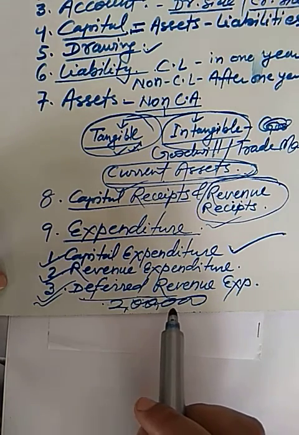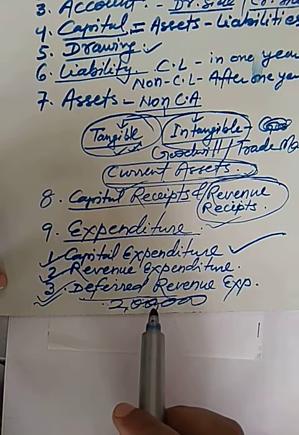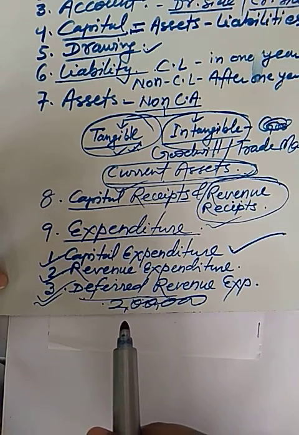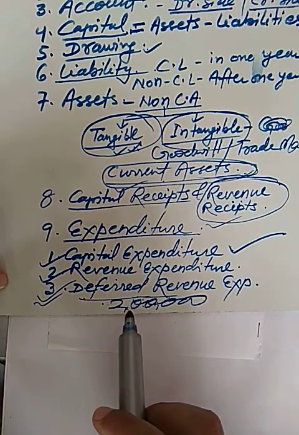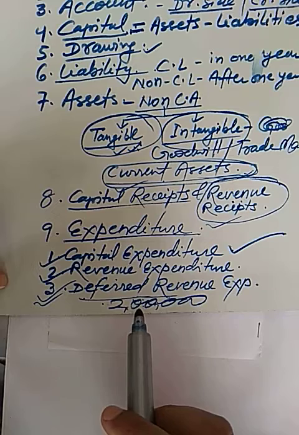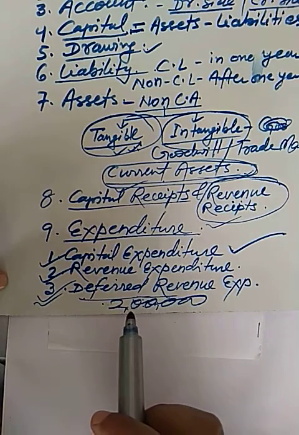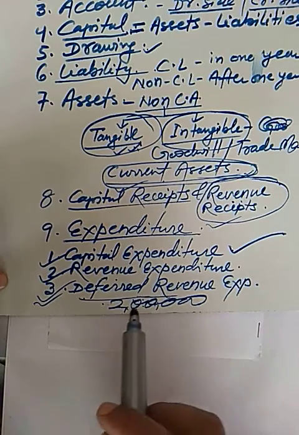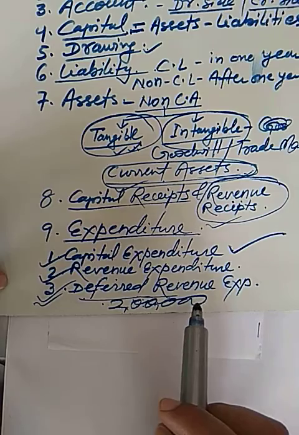In this case, 50,000 will be charged to the profit and loss account of each year for 4 consecutive years. So, this type of expenditure is known as deferred revenue expenditure.